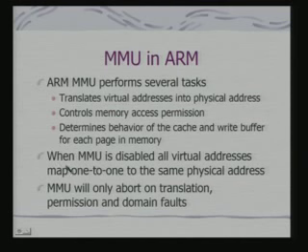When the MMU is disabled, all virtual addresses map one to one to the same physical address. That means, for a simpler system, you have a provision to disable the MMU. So, your 32-bit addresses which ARM generates will be mapped directly onto physical addresses, and the MMU will abort on translation, permission and domain faults. So, these are the exceptions that the MMU would generate under error conditions.